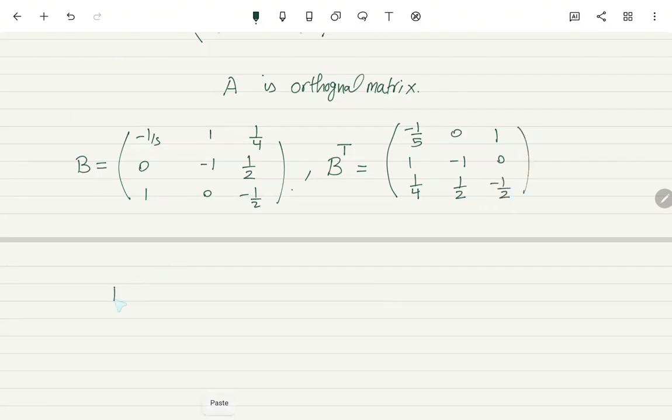Now B transpose B equals, let's just move this one here.